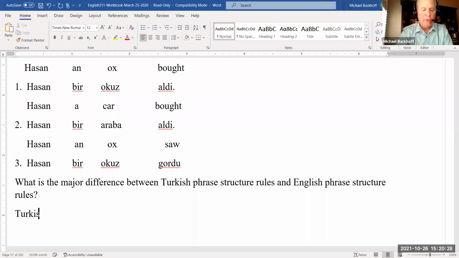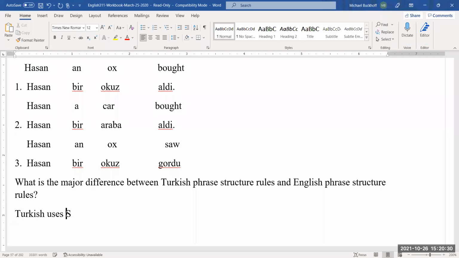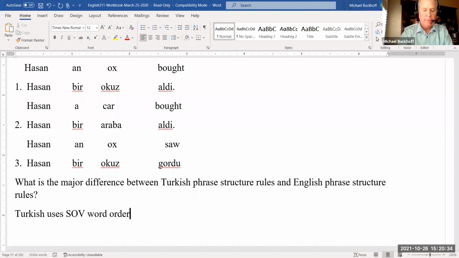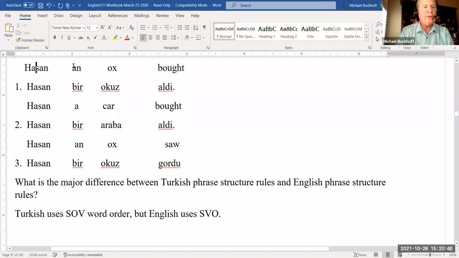So you can say Turkish uses SOV word order, but English uses SVO word order. You guys see that? So yeah, you have the subject, object, verb. Again, you have subject, object, verb. So that's a pretty big difference, right?